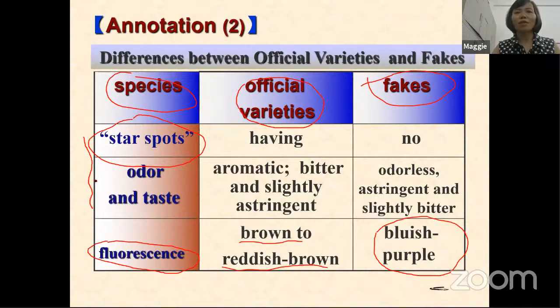The microscopic characters and the fluorescence tests are different. These are the main methods to identify genuine rhubarb, the official varieties, and the fakes.